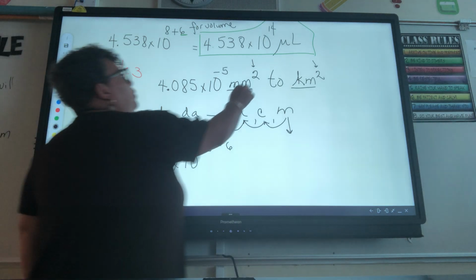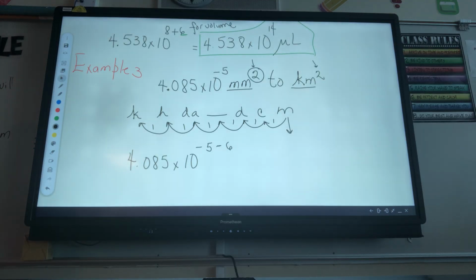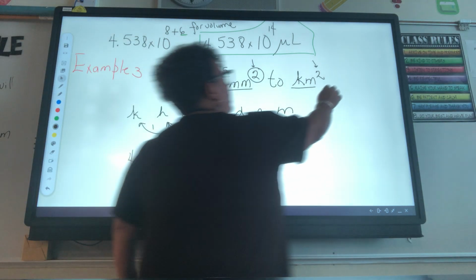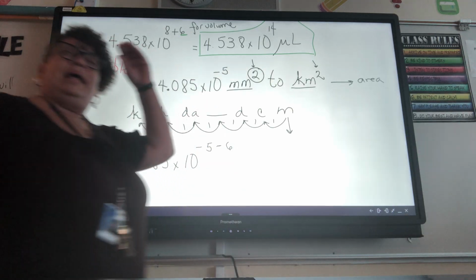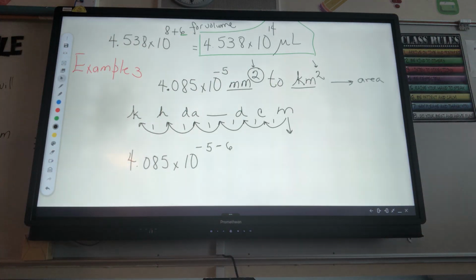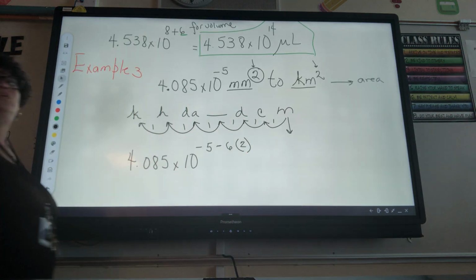But over here I have millimeters to the second power, yes or no? Because what am I measuring in there? Square. Area. Over here, I'm measuring area. Since I'm measuring area, and I have a unit of measurement to the second power, I'm going to multiply 6 times 2.